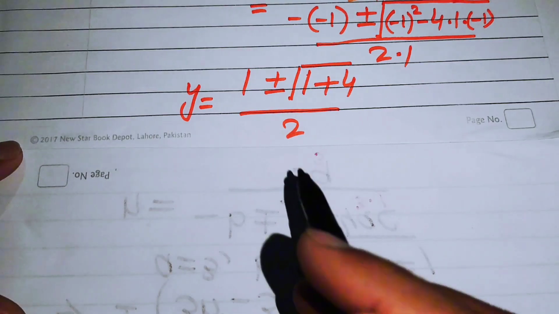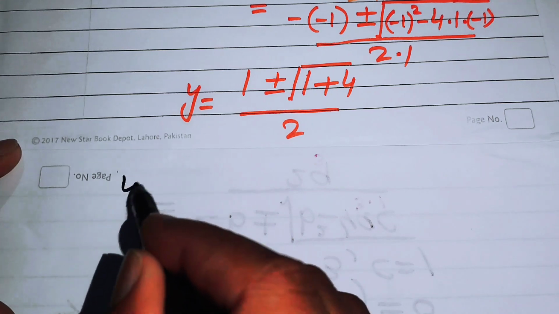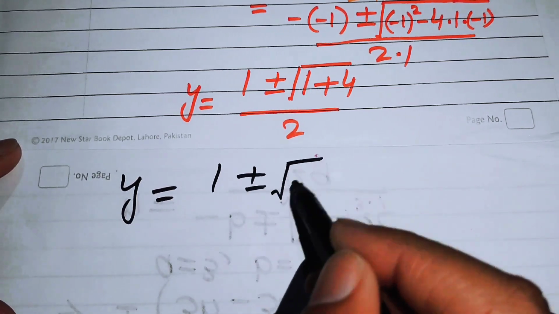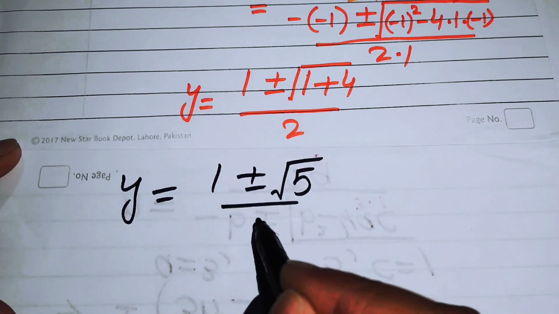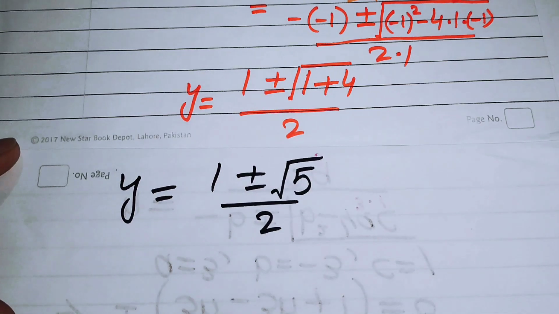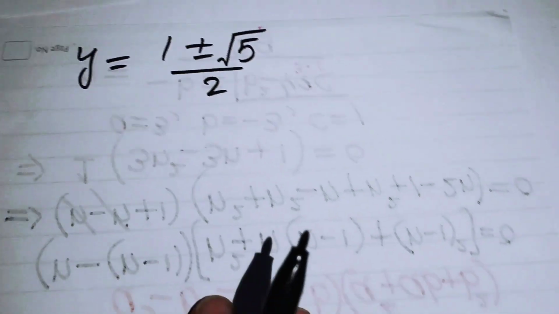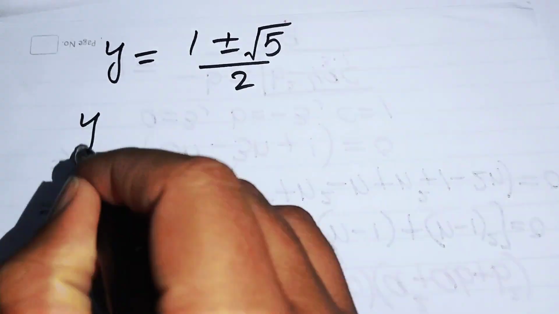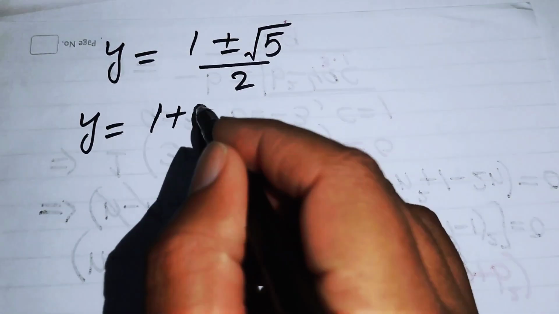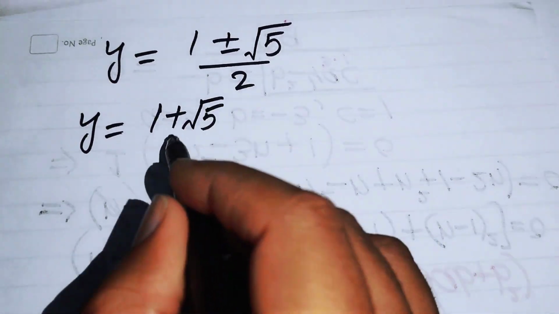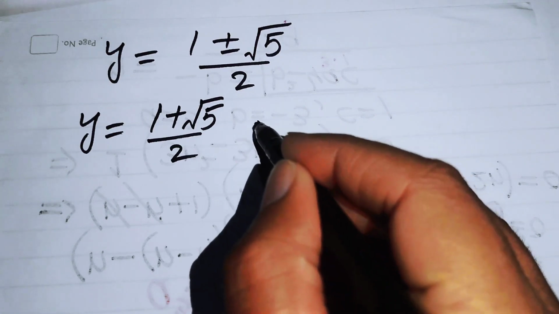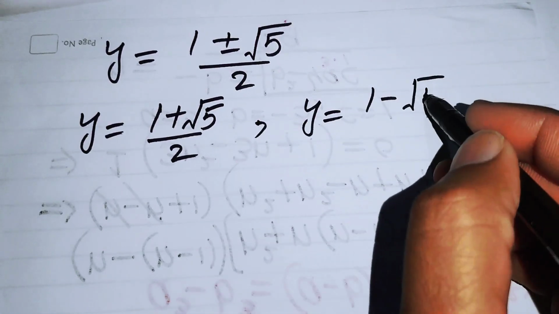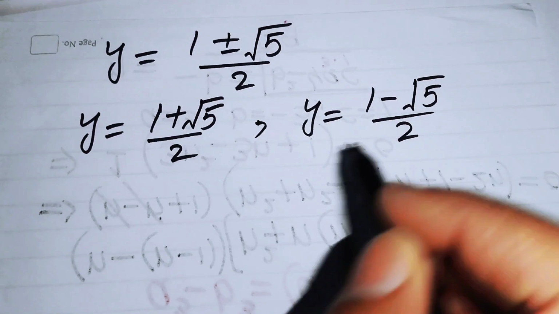In the next step we get y equals 1 plus or minus square root of 5 over 2. So here we have two cases. Our first case is y equals 1 plus square root of 5 over 2, and our second case is y equals 1 minus square root of 5 over 2.